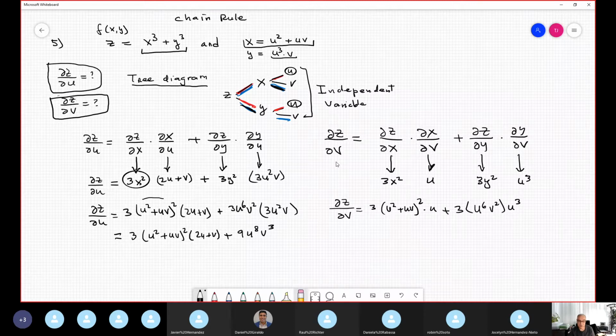Okay, this is relatively more easy. This dC/db is equal to 3u(u squared plus ub) squared plus 3 times u^9 b^2, something like that.